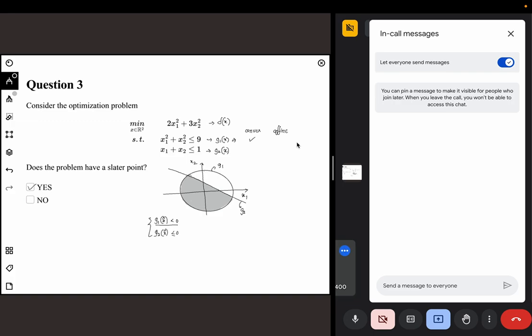Is this clear? I think there are no questions. We will move on to the next problem then.